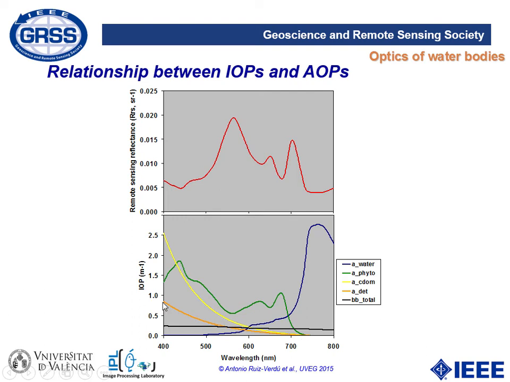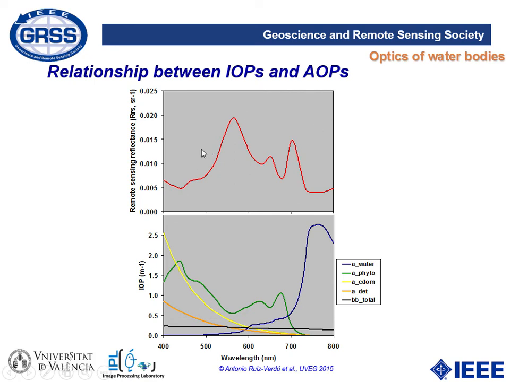And this also is a typical absorption spectrum of detritus. And here, with the same scale, we can see the total backscattering coefficient of this given water body.